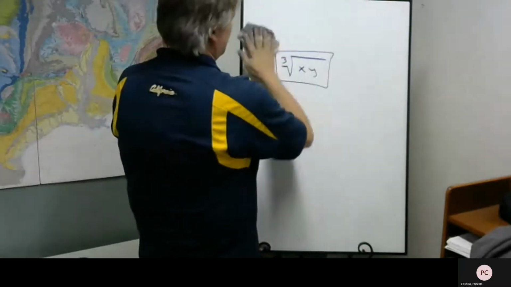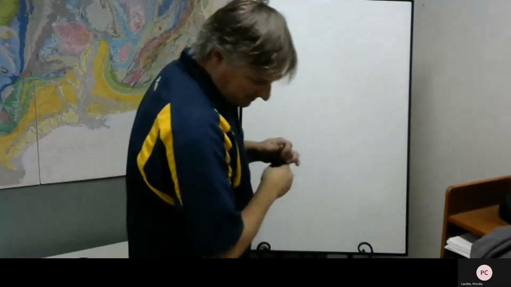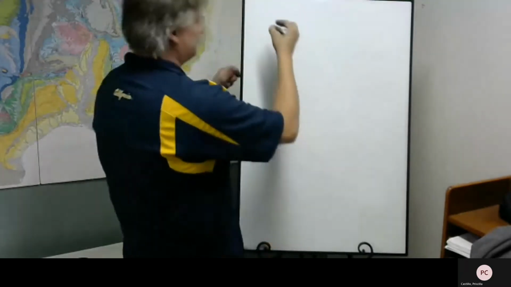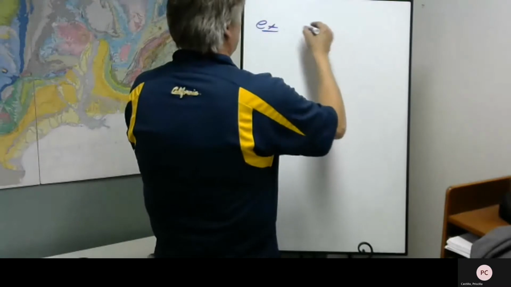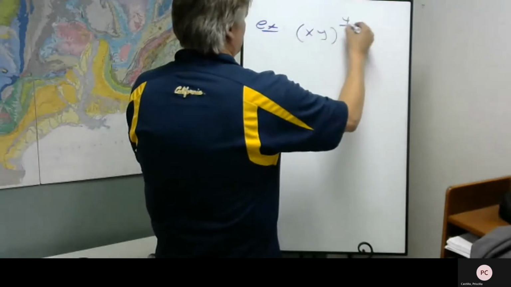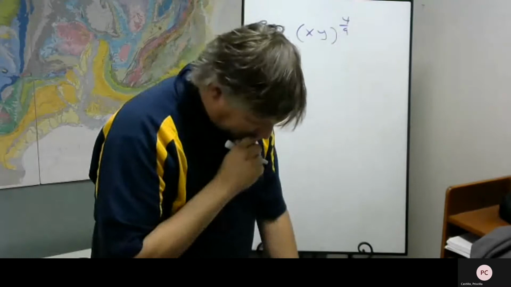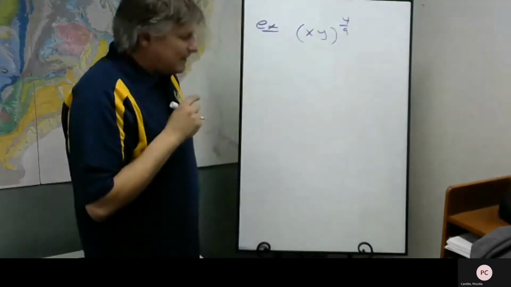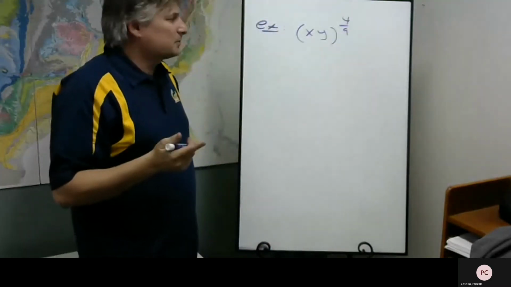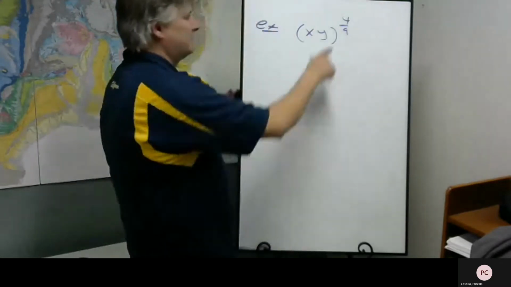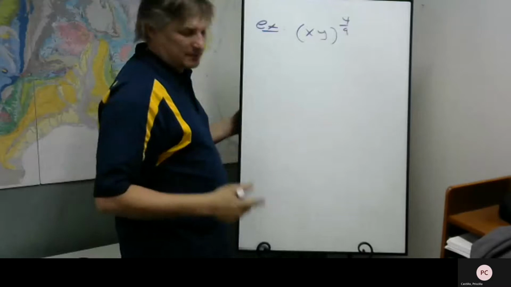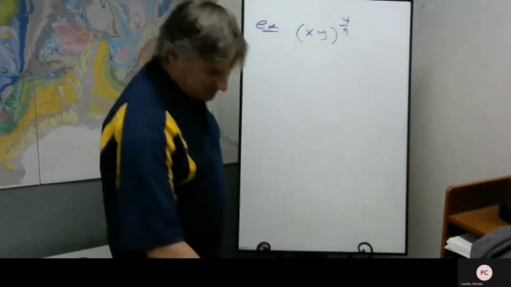Now, let's say we have something like this. Now, what the book typically wants from you, in this case, is to have the power inside a root. They tend to want you to do the root last.